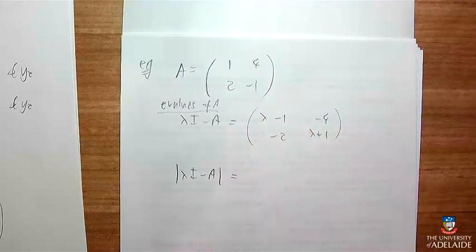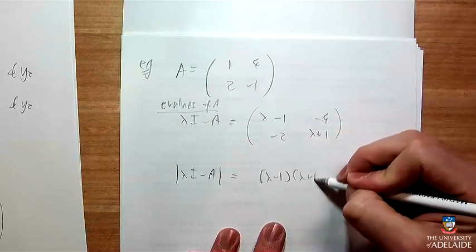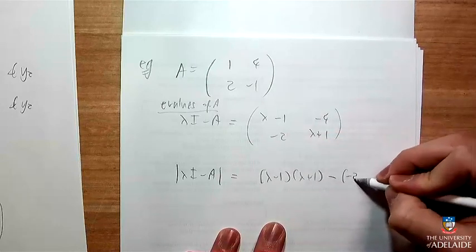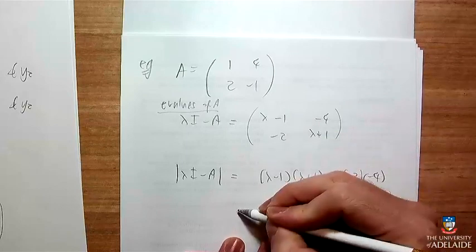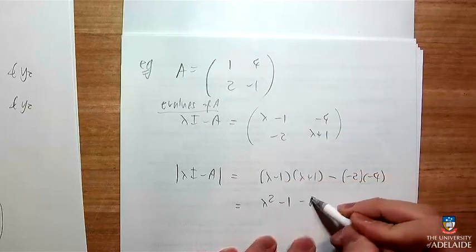The determinant of lambda I minus A will be this. So it's going to be lambda squared minus 1 and minus 8.